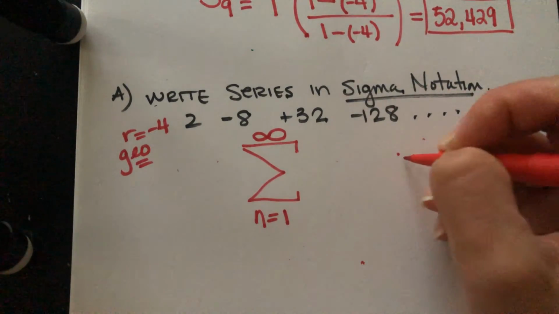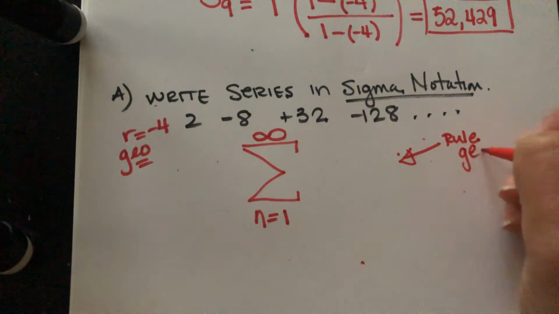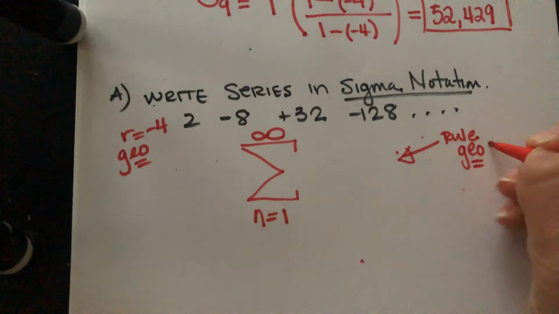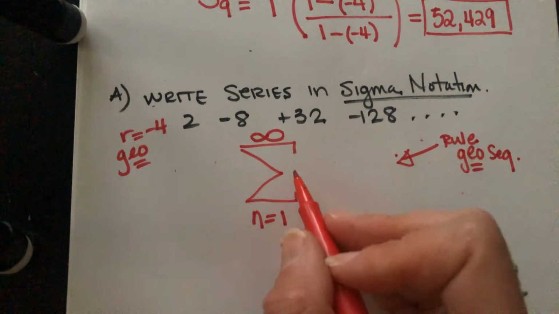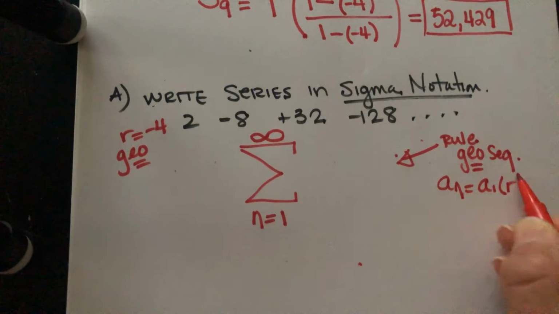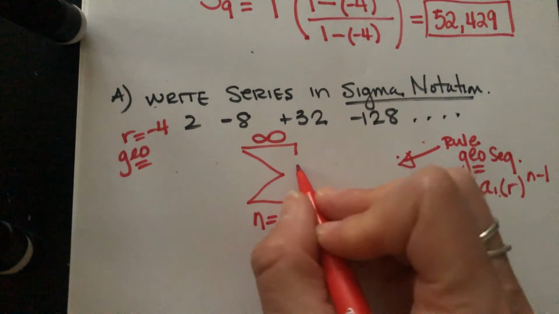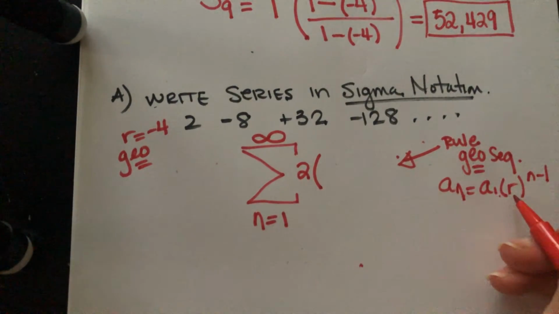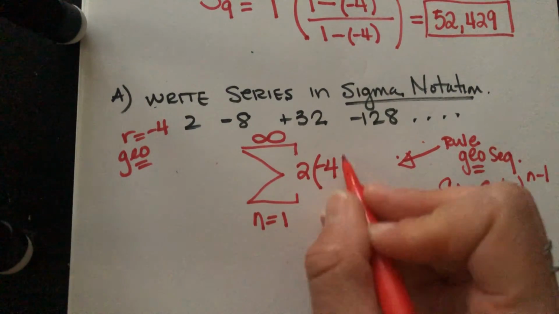If you remember, the rule, since you all told me it's geometric, is the geometric sequence rule. So they go hand in hand. So the geometric sequence rule, if you recall, here we go. Keep writing them all down. A1, first term, parentheses, common ratio is -4.